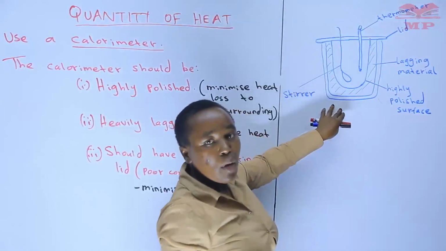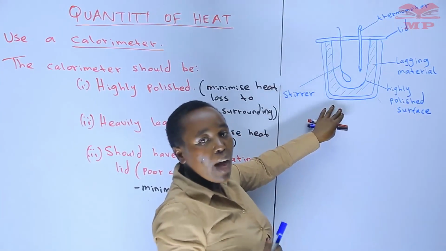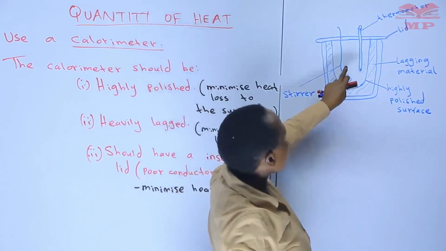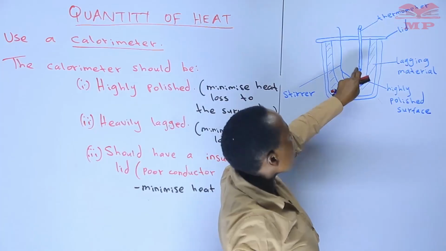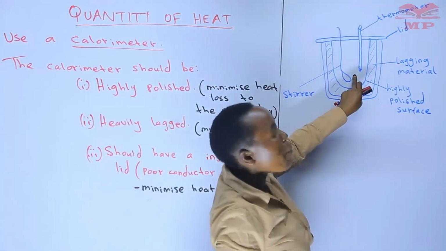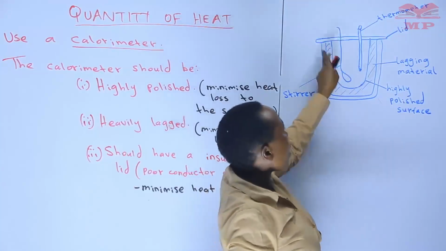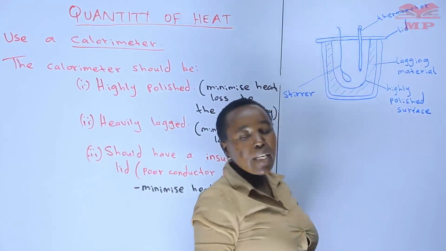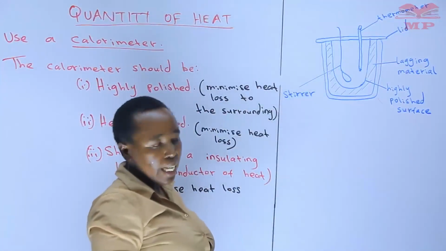For example, if we want to determine the specific heat capacity of a metal block, and in the calorimeter there is water, then we just drop the metal block inside. This is our calorimeter, and we'll be explaining how we use it to determine the specific heat capacity.